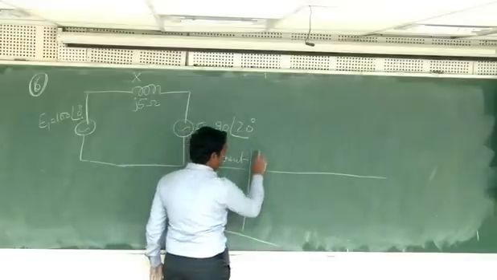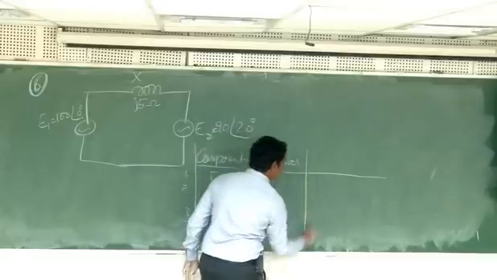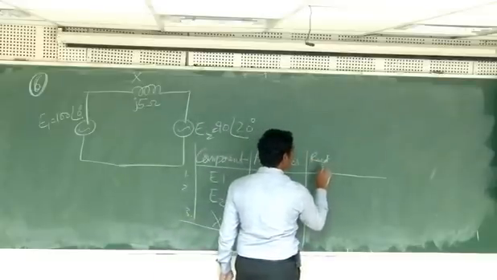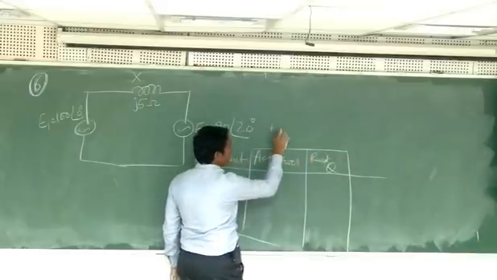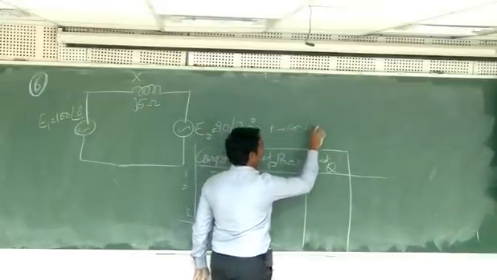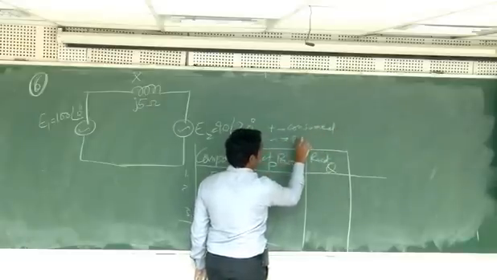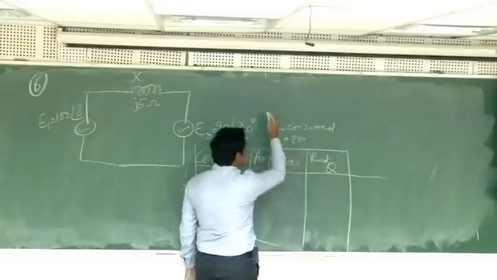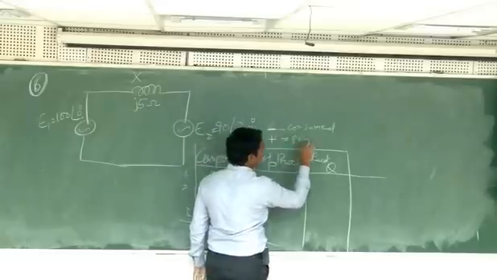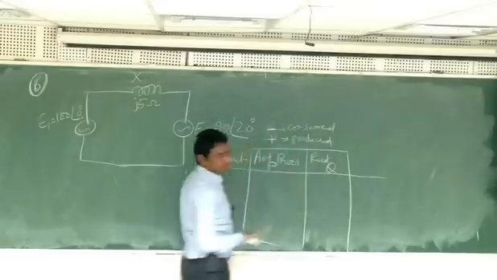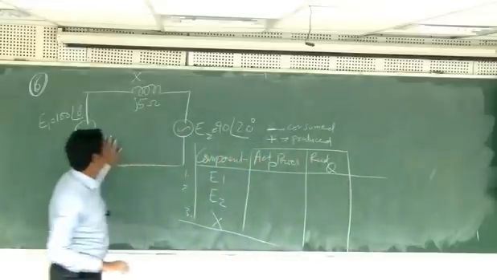Now active power denoted by P, reactive power denoted by Q. Now the notation is plus is consumed and minus is produced, or we'll reverse it. Negative means the power is consumed and positive means the power is produced. So we need to fill up this table for this problem.